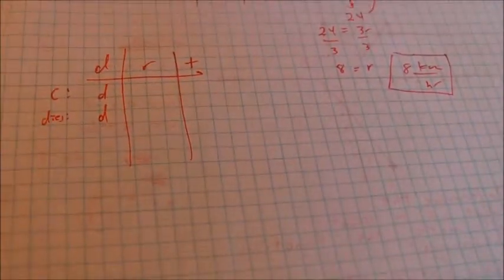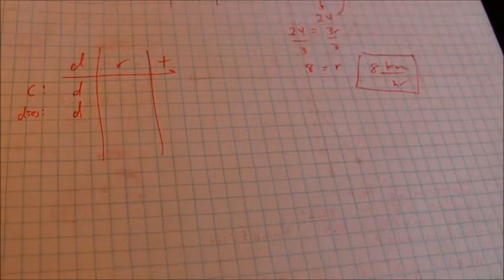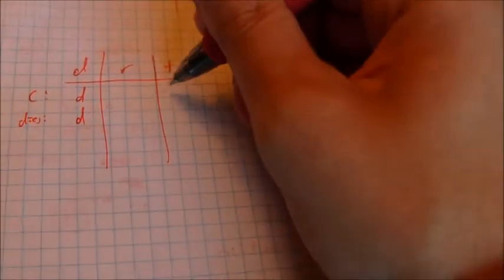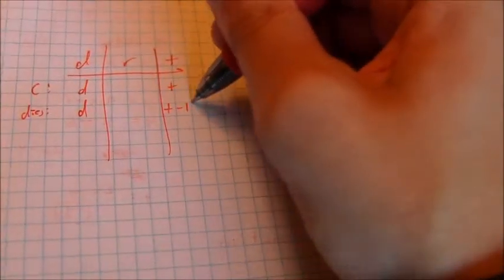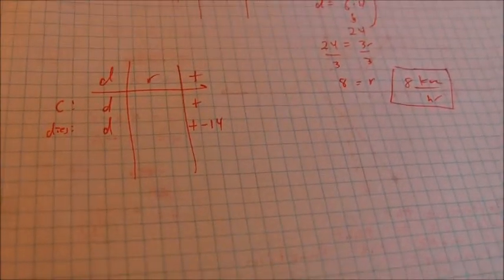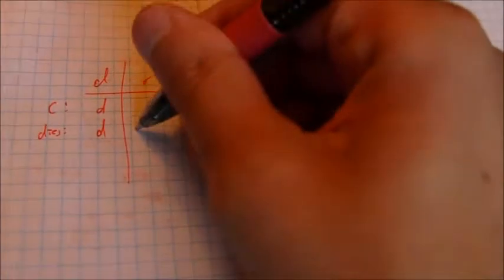It doesn't tell me anything else about their distances, and it does not tell me the time for either train. However, it says that one train left 14 hours after the other. So I'll do T, and I'll do T minus 14. It took 14 hours less. Meanwhile, the second train, the diesel train, traveled at 45 kilometers per hour.